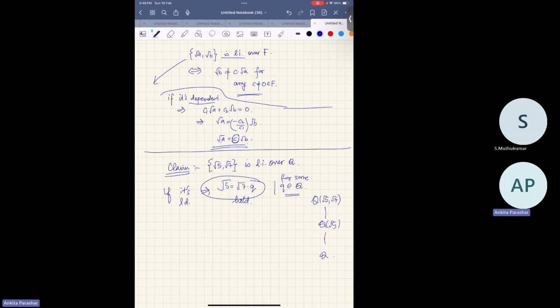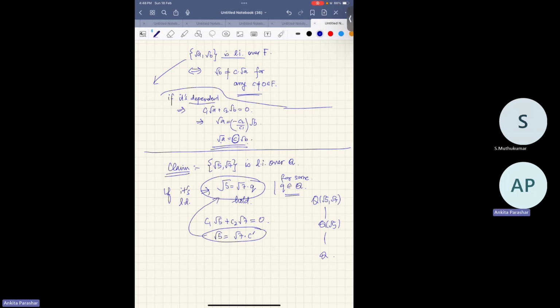For some q, it should hold if it is linearly dependent. Because dependent means there are some constants, not all zero, such that you can write this as 0. And one of them is non-zero, so you can write this as some c prime, like this.